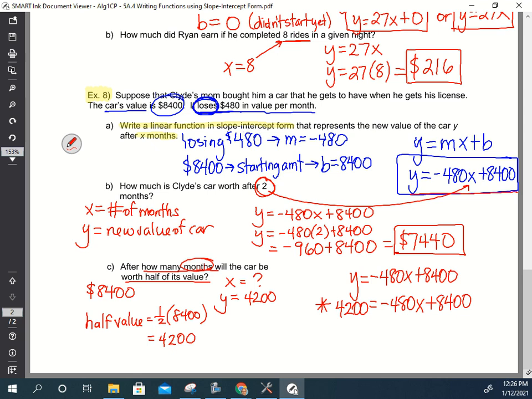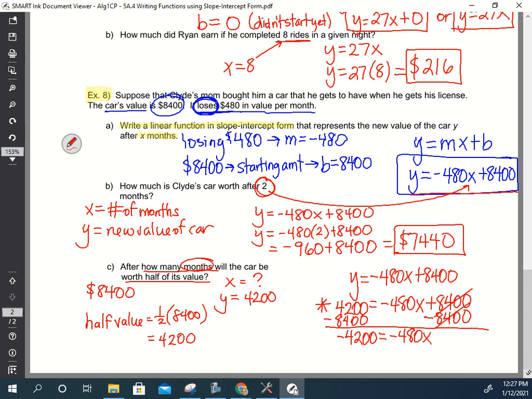Subtract 8,400 on both sides. So that's negative 4,200 equals negative 480x.